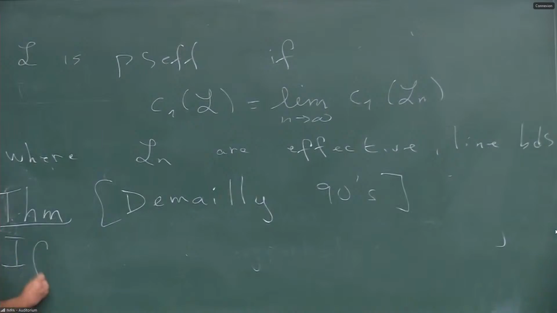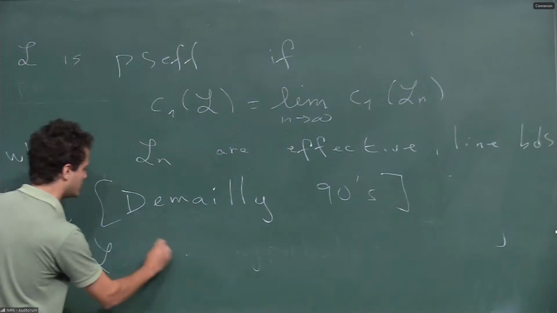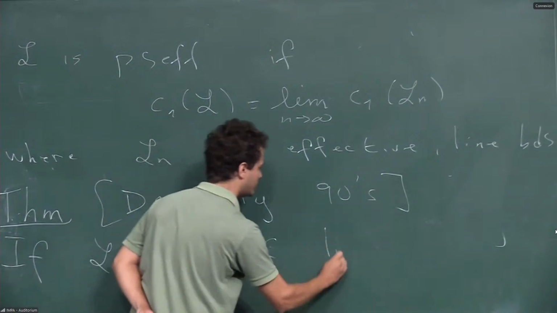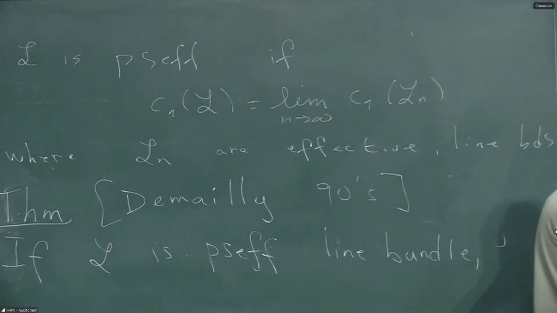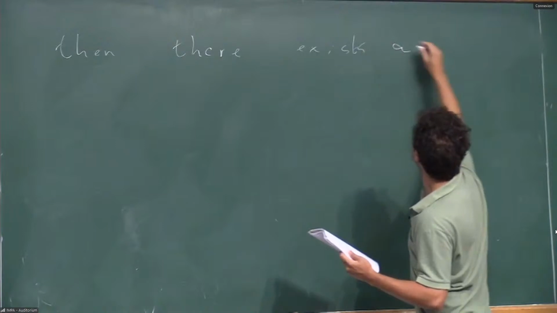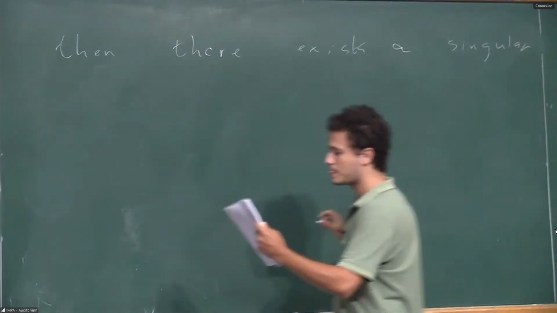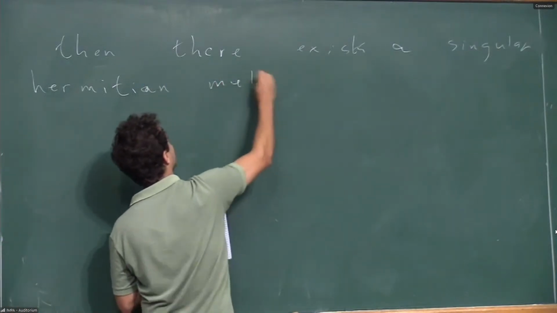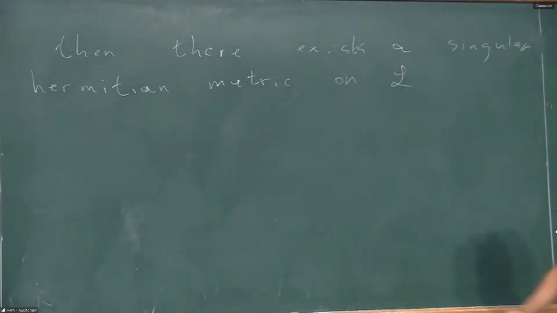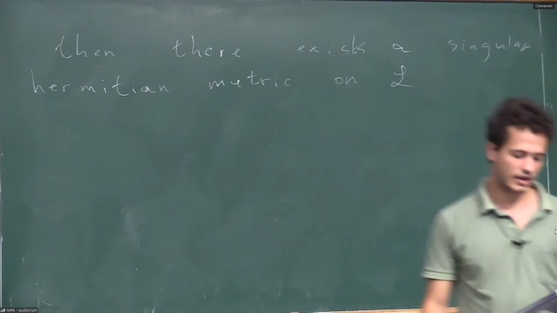If, on any complex manifold, L is a PSEF line bundle, then there exists a singular Hermitian metric on L, which moreover has non-negative curvature.